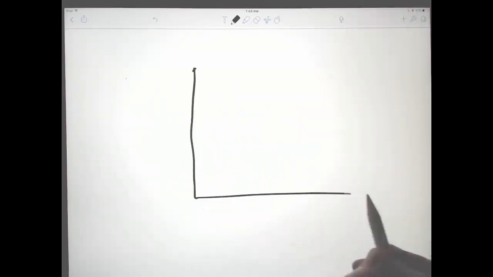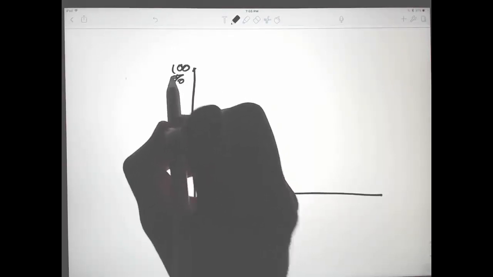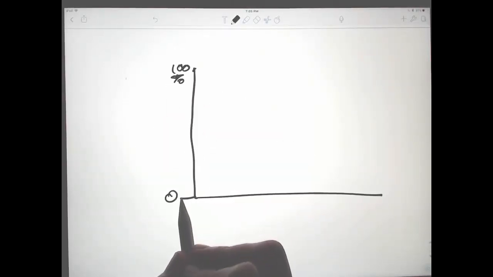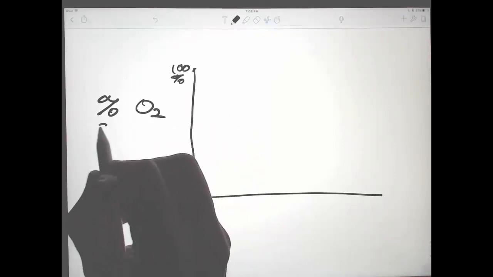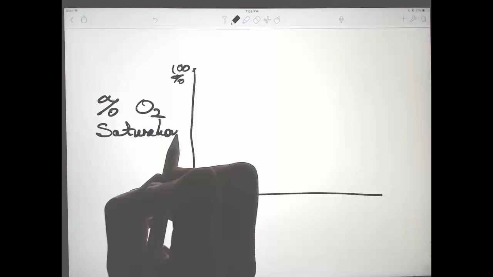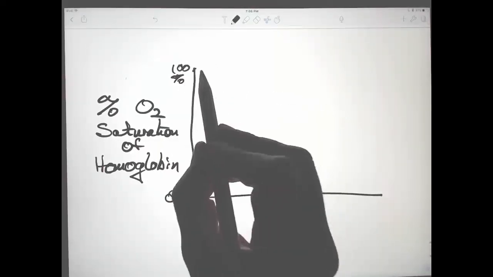We look at release using what are called oxygen dissociation curves. In an oxygen dissociation curve, we go from 100% bound to 0%, and the y-axis is percent oxygen saturation of hemoglobin from 0 to 100%.